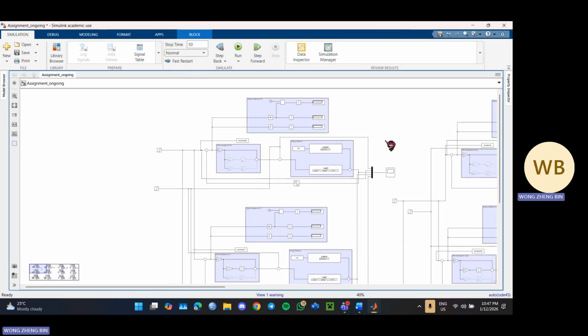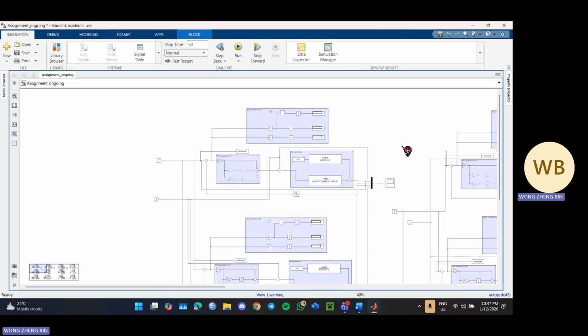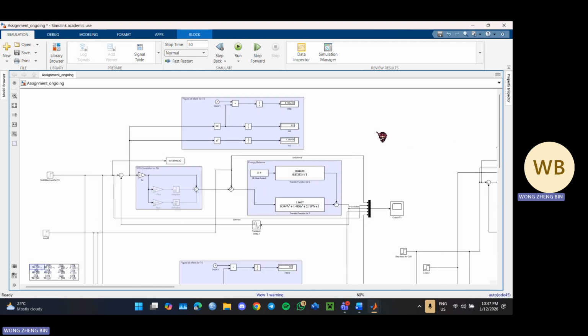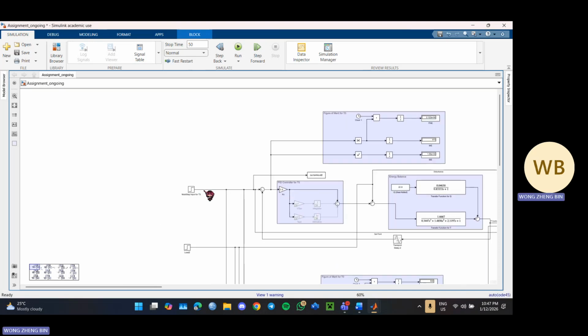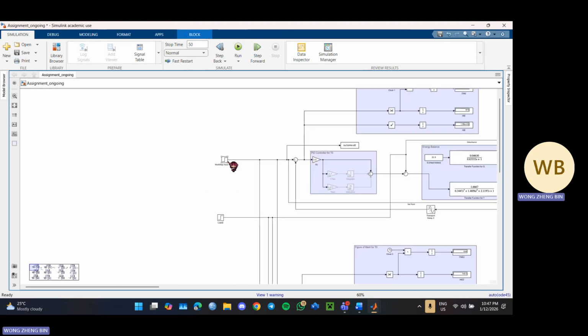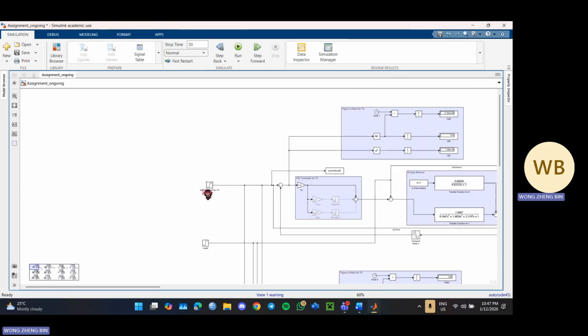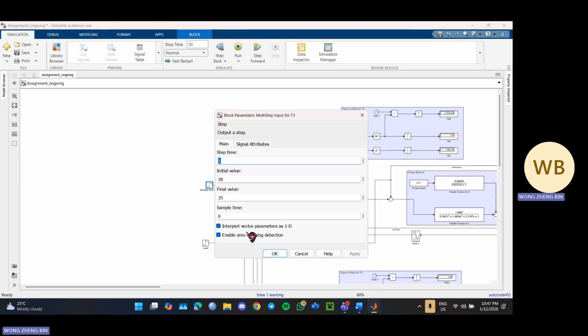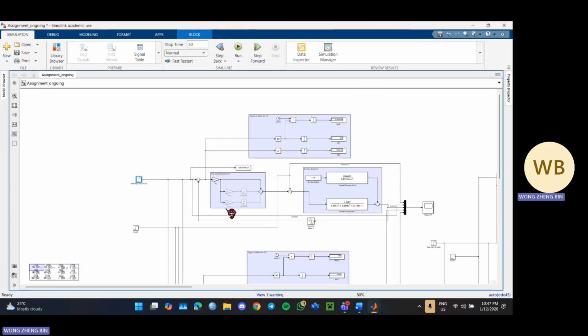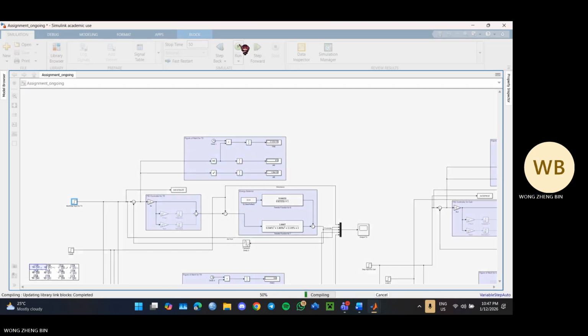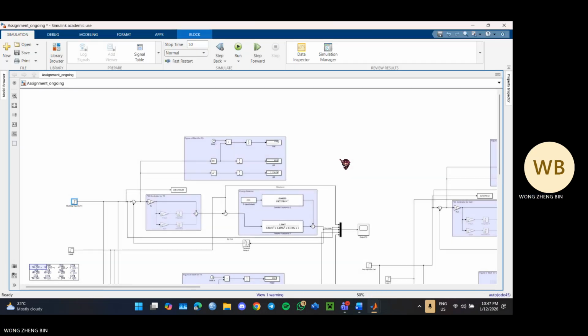For the temperature case on servo control, since it is servo control, there is no load, right? And the input for the temperature in servo is shown as this. The initial value is 30 and the final value is 35 and the step time is 1. We run for 50 stop time.